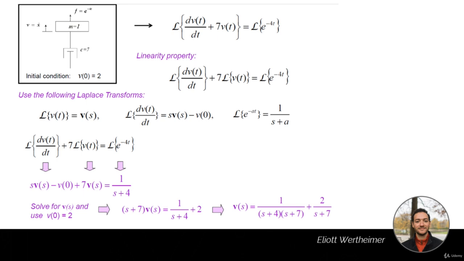So we get that s plus 7 multiplied by V of s, by factorizing, we get this value on the left, is equal to 1 over s plus 4 plus 2. So this is actually the initial condition that we have moved to the other side. Eventually we can write that the Laplace transform of the velocity of the mass, so V of s, is equal to 1 over (s plus 4) multiplied by (s plus 7) plus 2 over s plus 7.